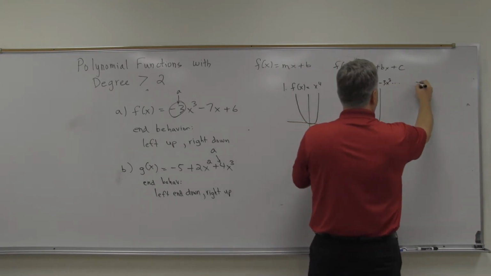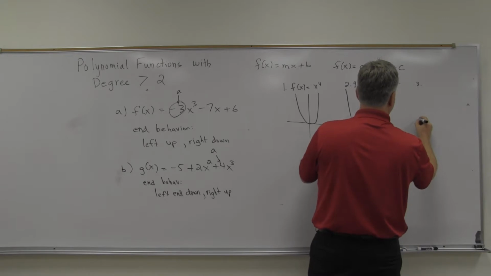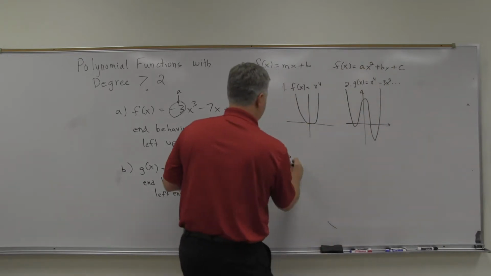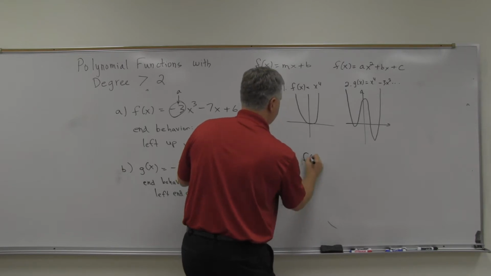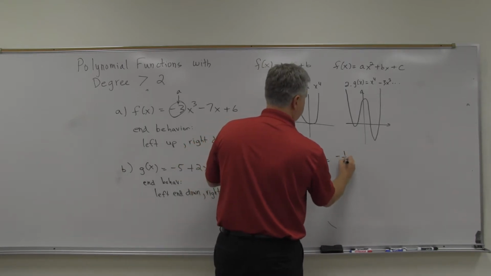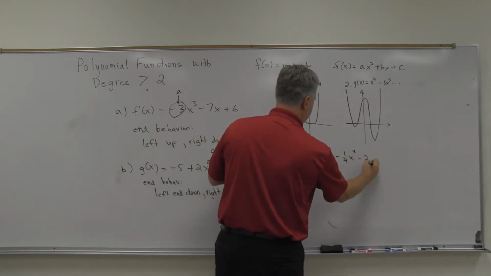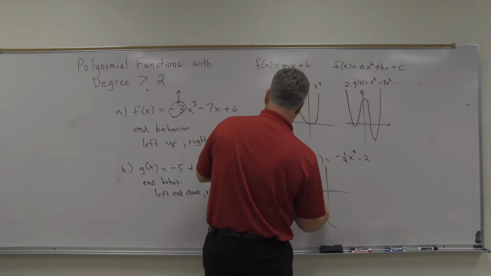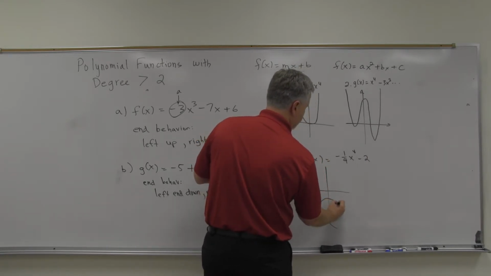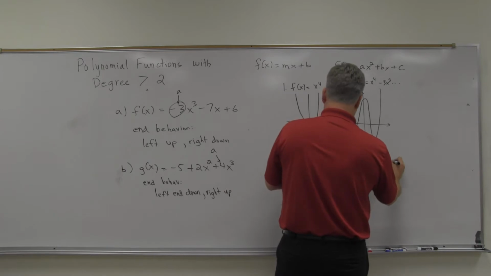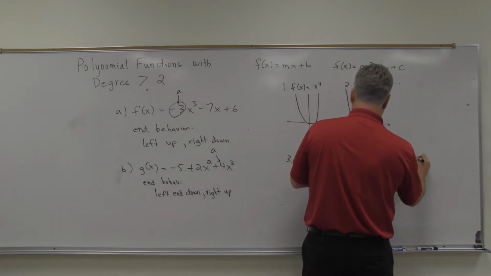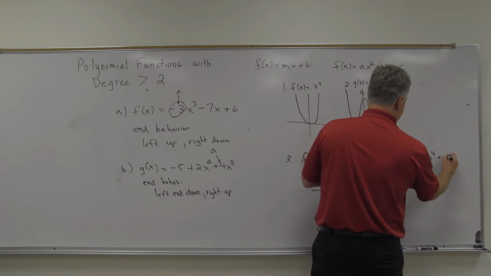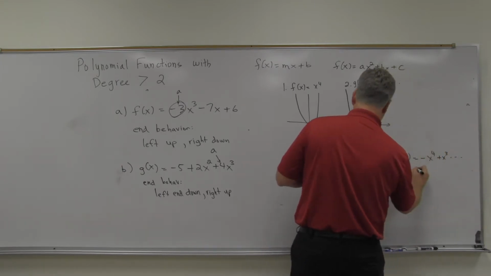Number 3, let's do 3 and 4 here. We've got f of x equals minus 1/4 x to the 4th minus 2. And then number 4, g of x equals negative x to the 4th plus x cubed, and so on.